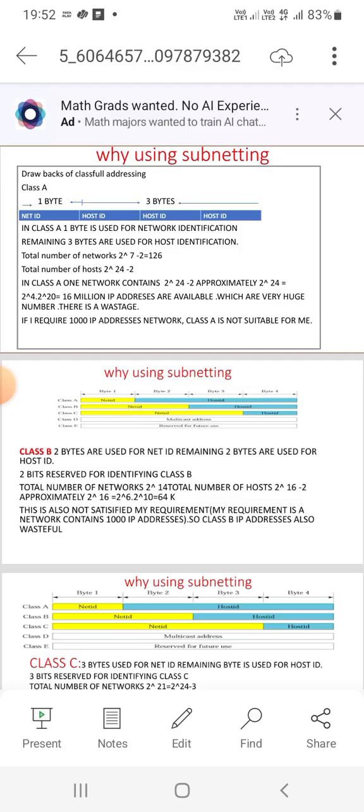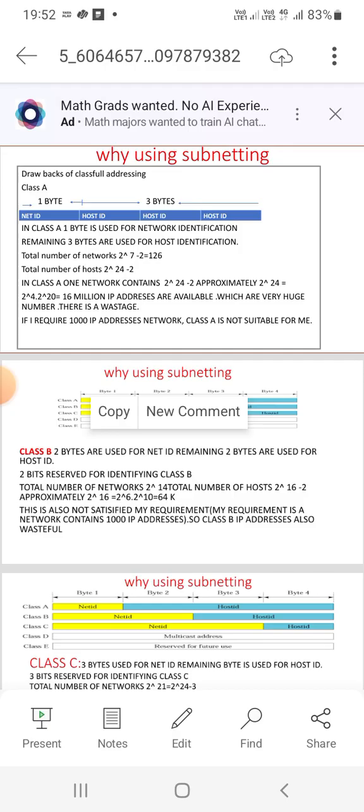The total number of networks in class A is 2 power 7 minus 2, approximately 126. The total number of hosts is 2 power 24, because 3 bytes, 3 into 8, is 24 bits. So 2 power 24 minus 2 hosts are available in one network.